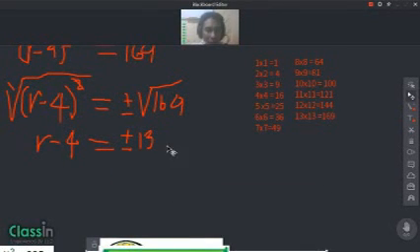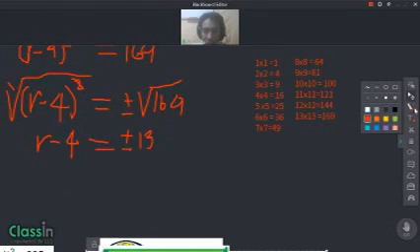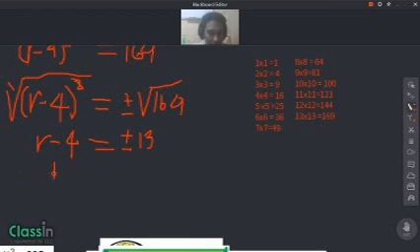Now we will apply the addition property of equality so that we can solve for r. Since it is negative 4, we will add positive 4 to cancel out the 4. Then here also we add positive 4.